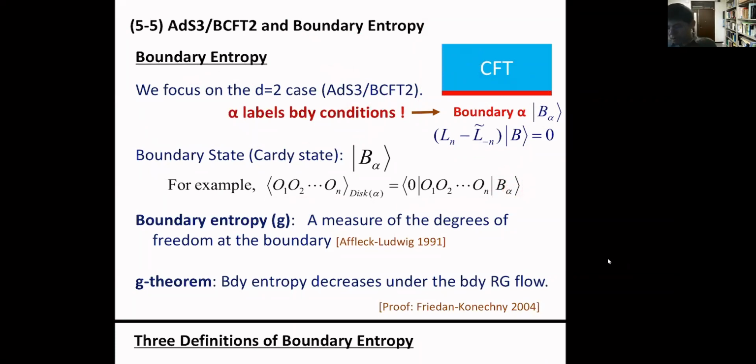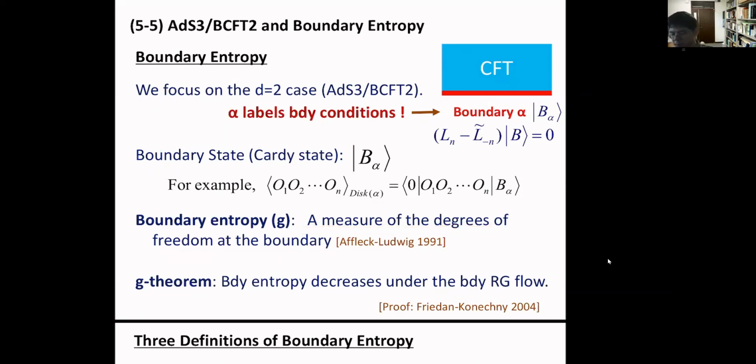Here the important quantity is the boundary entropy, and that's what we will focus on, because this quantity is very closely related to entanglement entropy. It is also a nice quantity because it measures the degrees of freedom localized at the boundary.